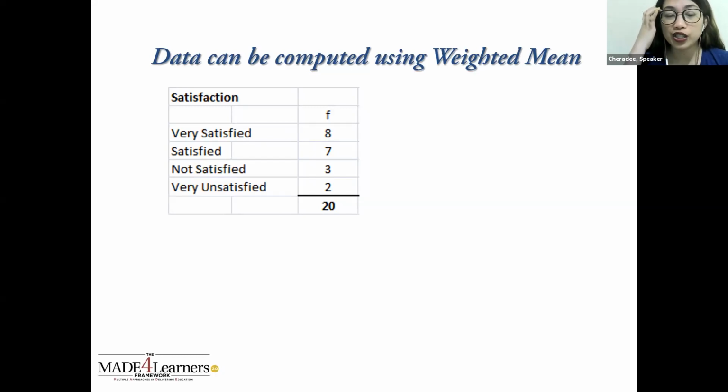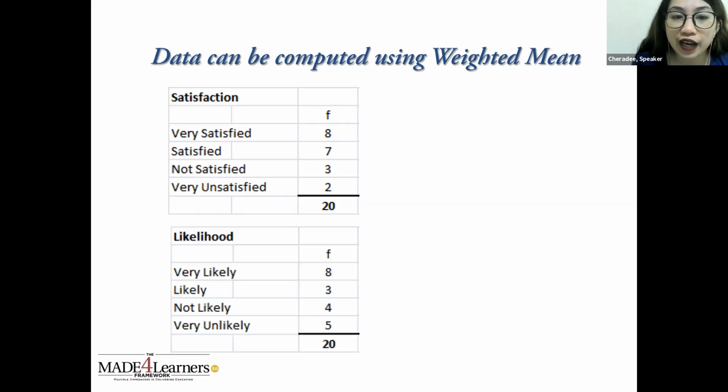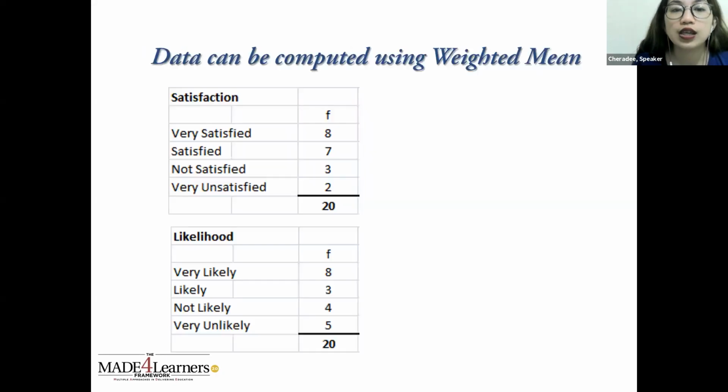What we do is use the weighted mean, considering that very satisfied carries a weight. I have to put this in Excel, so for a moment.